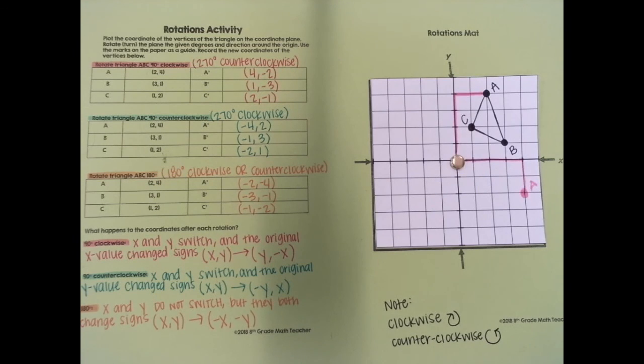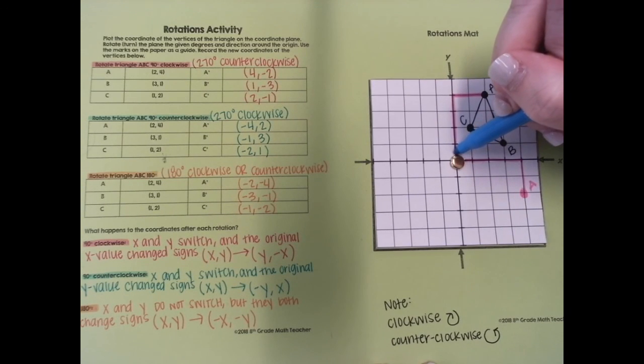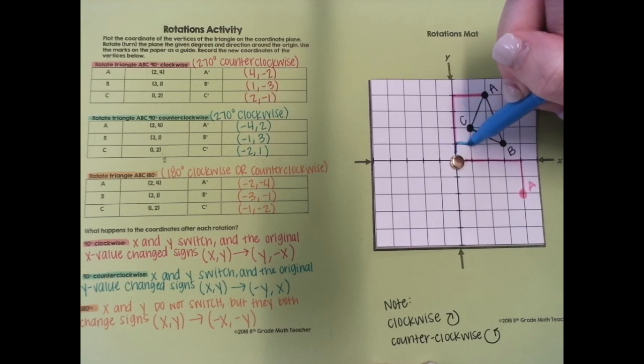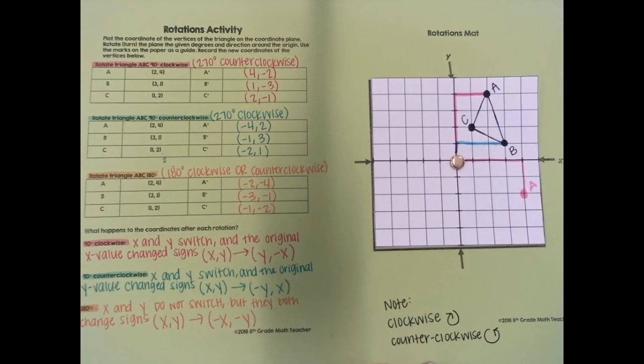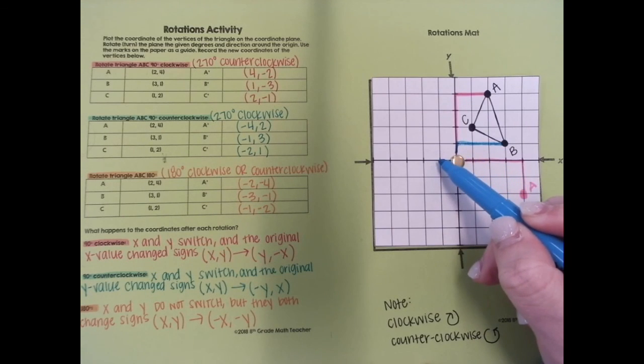Now we'll look at point B and rotate it 90 degrees counterclockwise, just to give you a different point to look at. Okay, so if I have point B, I'm going to start here on the y-axis. I have to go up 1 and right 3. Well from here, instead of going up, if I were to go 90 degrees counterclockwise, instead of being on the y-axis, I'd be on the x-axis.